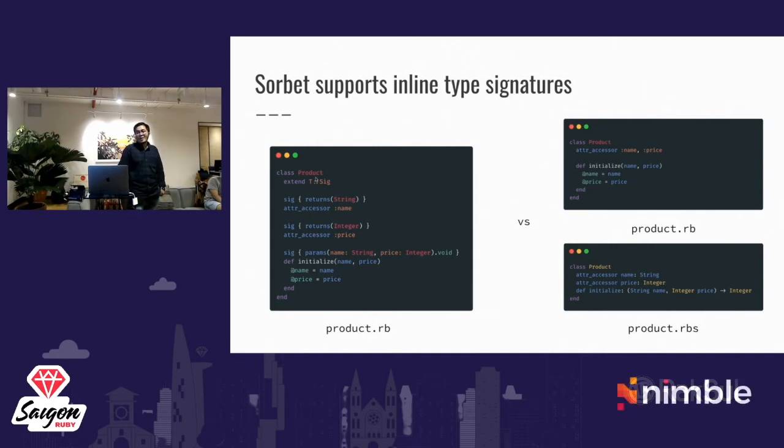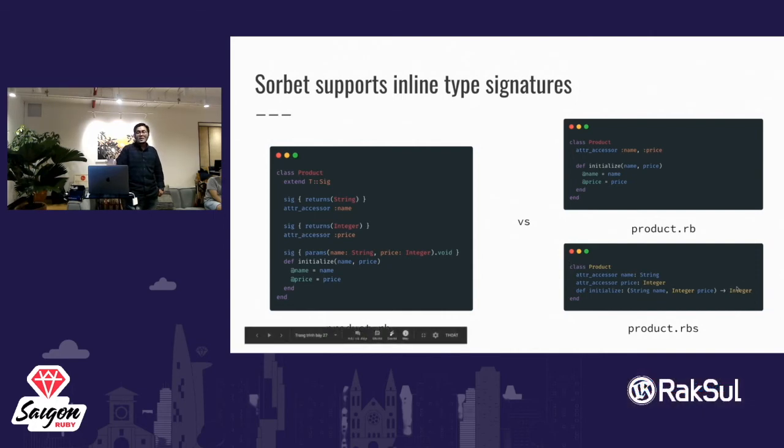For example, right now the accessor name here is string. It's equivalent to this one. And right now this method initializer receives the name, a string, the age, an integer, and returns nothing. It's a little bit different because it's auto-generated, but exactly the same.